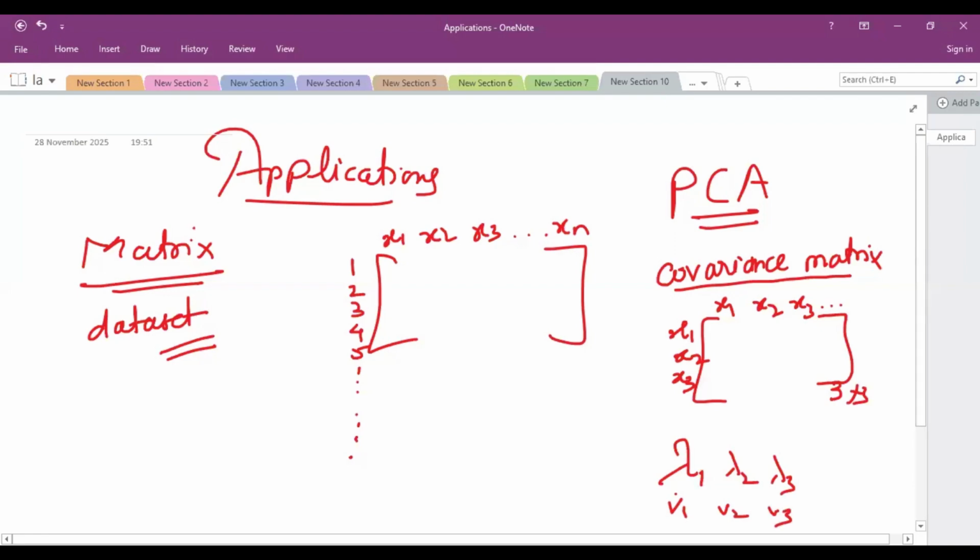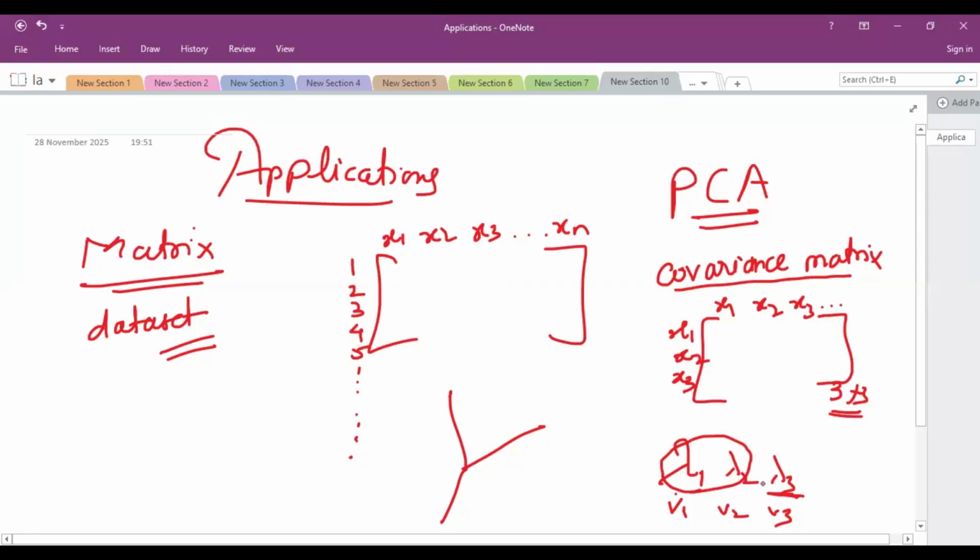These three eigenvectors are accordingly three vectors in a plane, and these vectors represent the information of the data set. So it might happen that the total variation in the data set is maximally explained by lambda 1 and lambda 2, and lambda 3 is hardly explaining any part of it. In this way, we can get rid of one of the dimensions of the data. So the data which had 3 cross 3 dimension can now be brought to 2 cross 2.